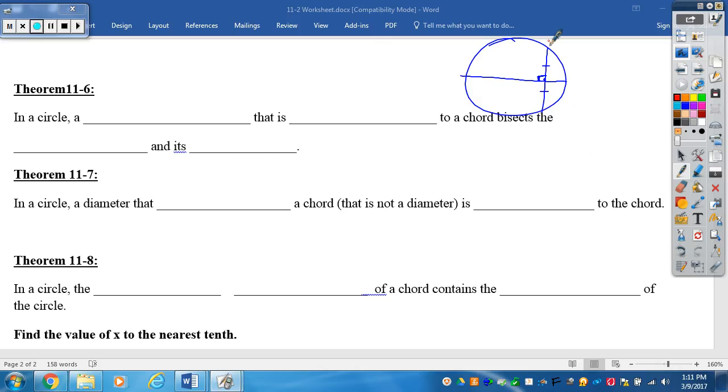Okay. And so if I go into A, B, C, and let's say that we have D out here, I'm going to say if it's the center, the distance from A to D and the distance from C to D would have to be the same, okay?